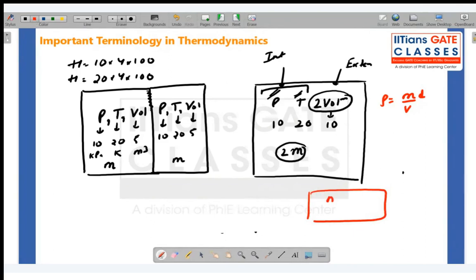For example, if this is the container and the first mass is, let's say, 10 and volume is 5. If you increase the mass, what will happen? Volume will decrease. Volume of mass changes as we use it. Basically here volume will remain fixed, but for density, if the mass is changing, then volume will automatically adjust itself so that density will not change.